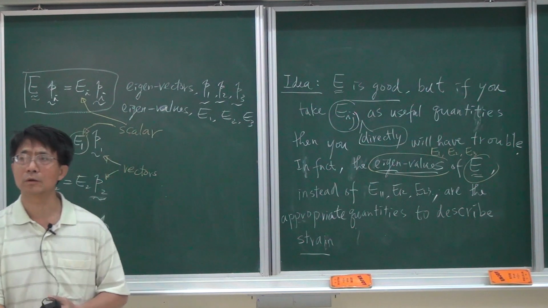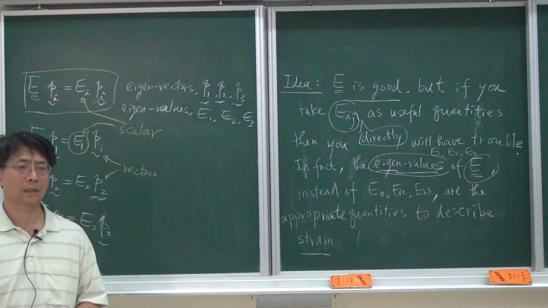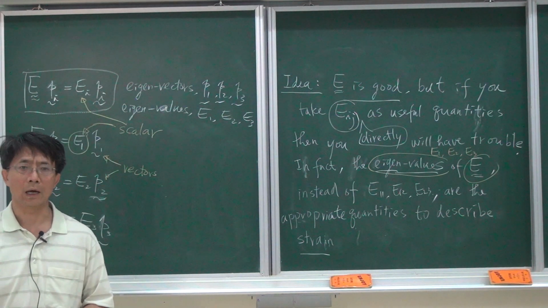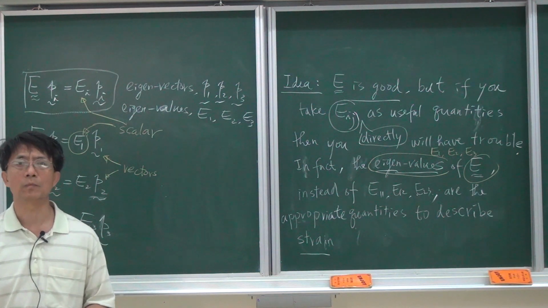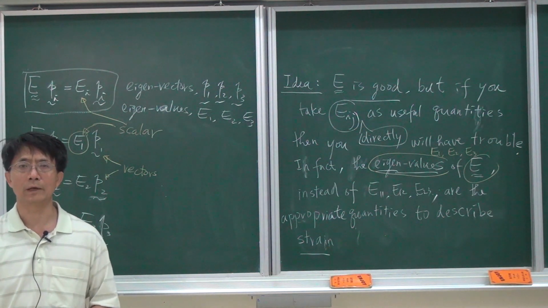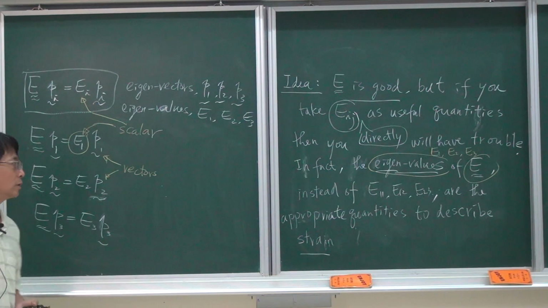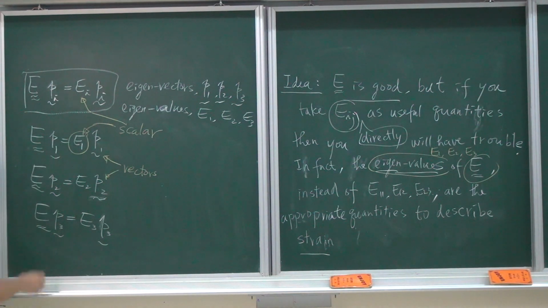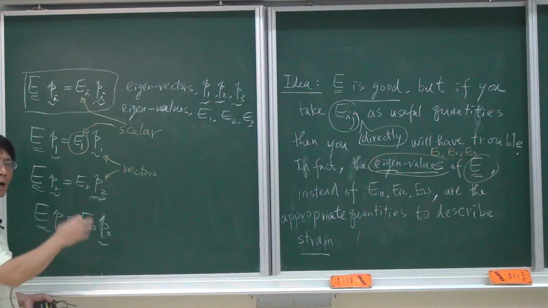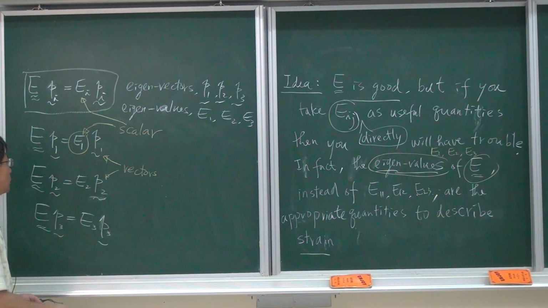Sometimes for some real matrices like orthogonal or anti-symmetric matrices, you may not have real eigenvalues, but for real symmetric matrices, you can always find real eigenvalues and real eigenvectors.